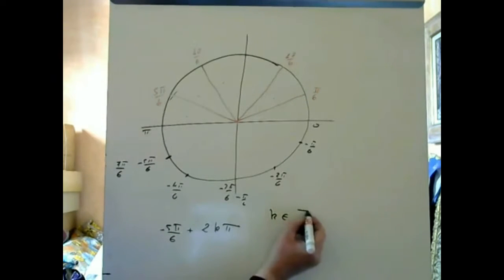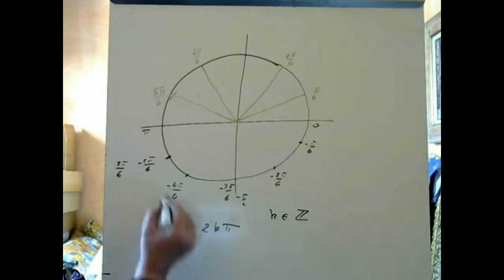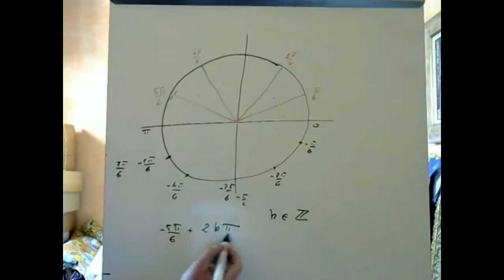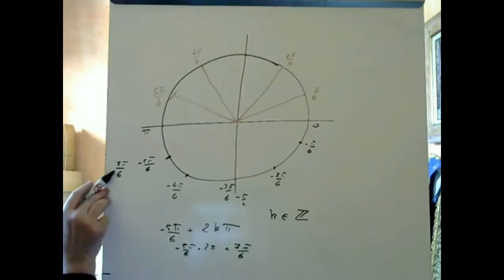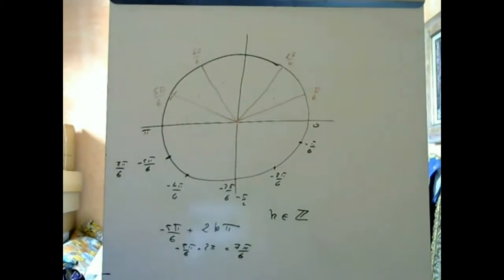So with k belonging to Z, that is k being any whole number, negative or positive. And we can see that if we go one complete rotation around the circle in the positive direction, k equals 1, then we have minus 5 pi over 6 plus 1 times 2 pi, which gives 7 pi over 6, which is indeed the angle we found by going around the circle once.